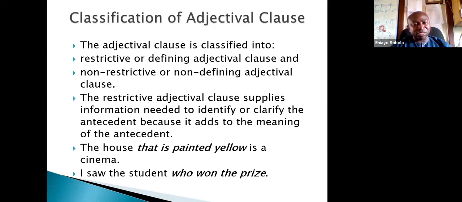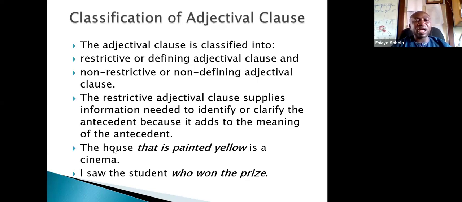Restrictive adjectival clause supplies information needed to identify or clarify the antecedent, because it adds to the meaning of the antecedent, the word it modifies. So restrictive or defining makes a contribution to the meaning of the word it modifies.